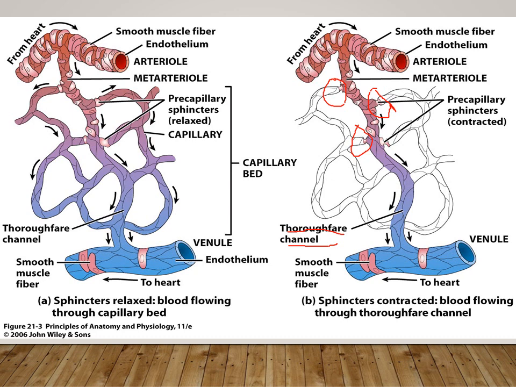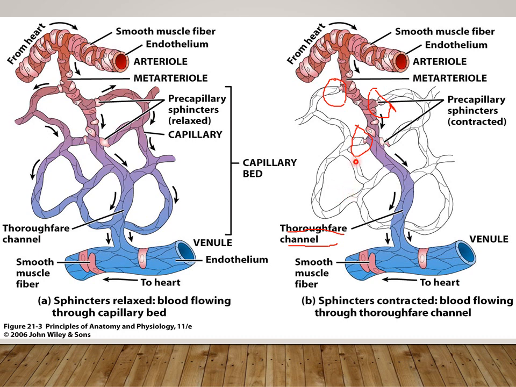When blood is not entering the capillaries, no exchange is possible. At the expense of the exchange, the thoroughfare channel directs the blood from the arteries to the venous side. This is all because of the precapillary sphincters.